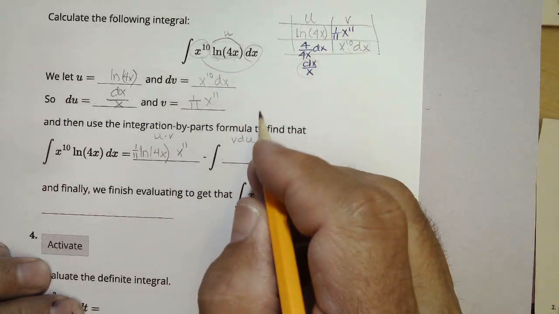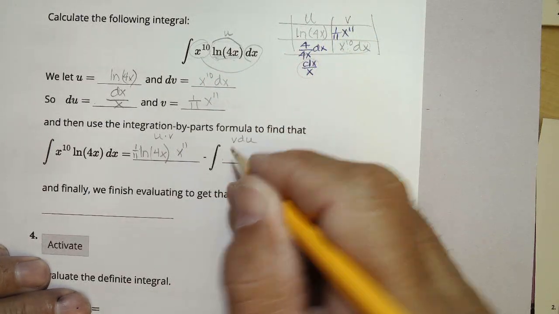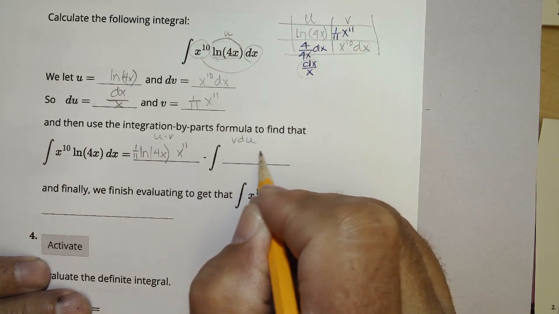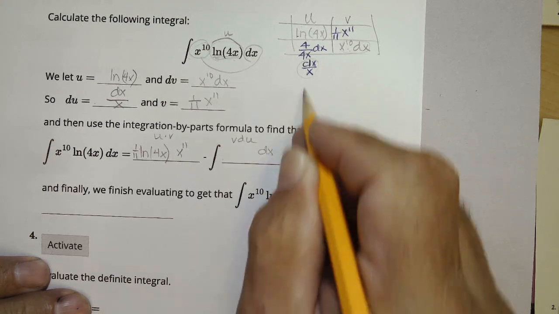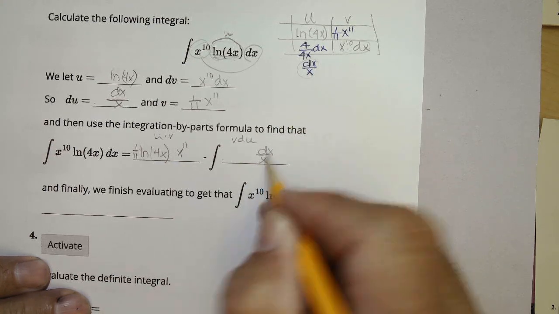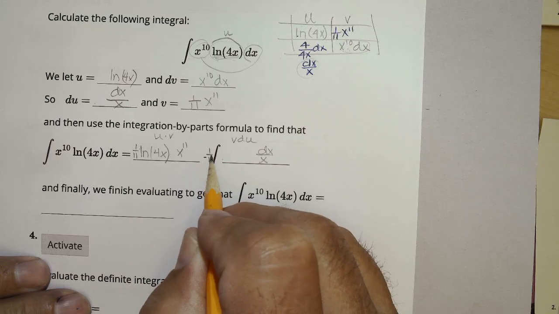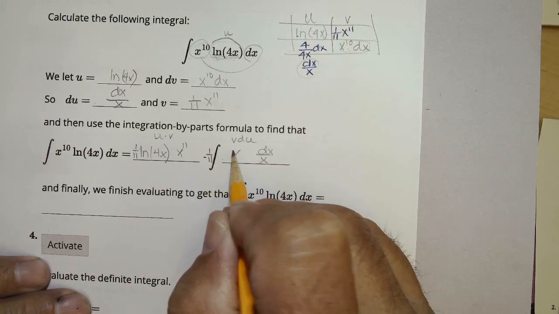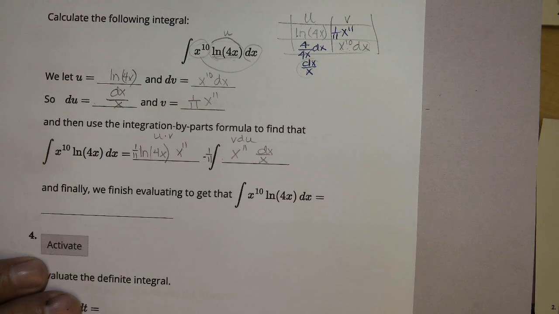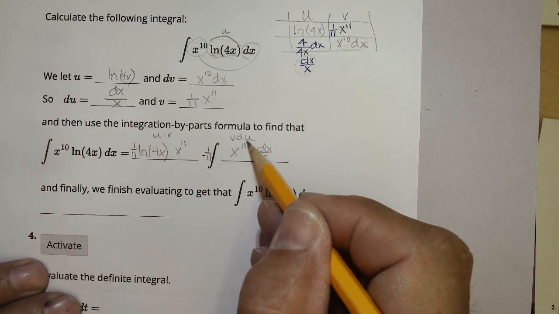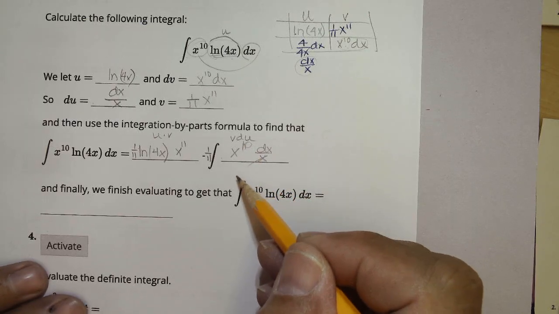So we'd have the blue, which would be dx over x and 1/11, which can be pulled out, of x to the 11th. One of these x's cancels that and changes that to x to the 10th.